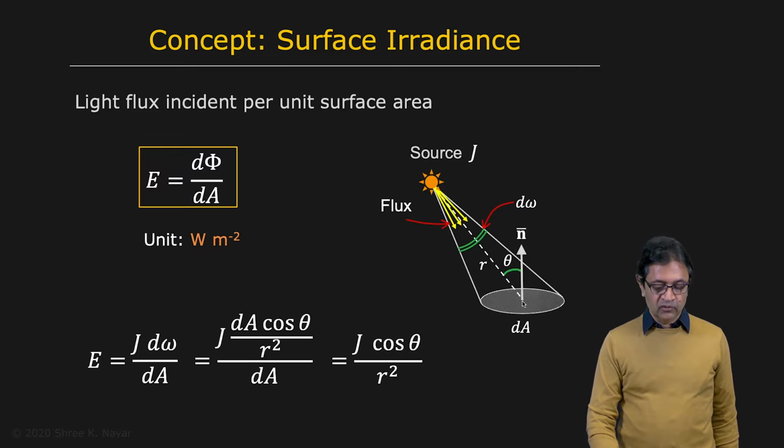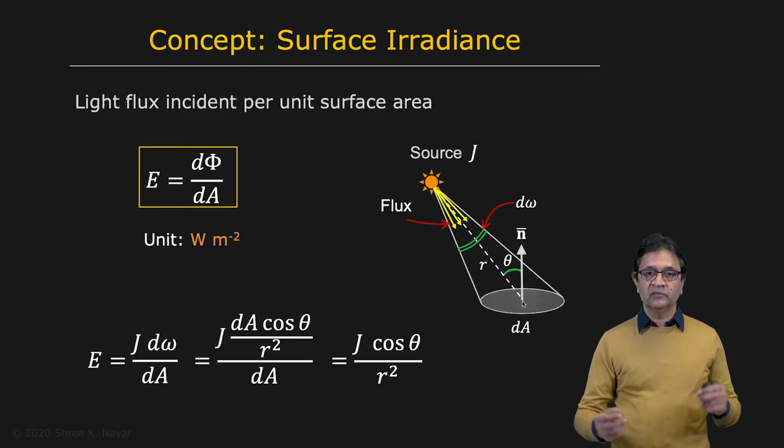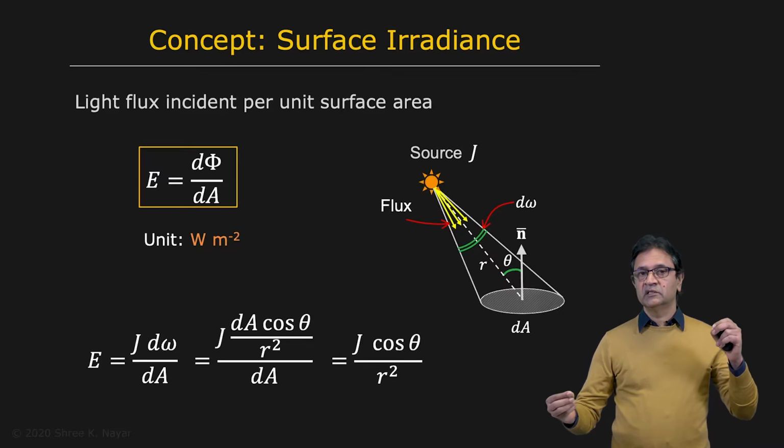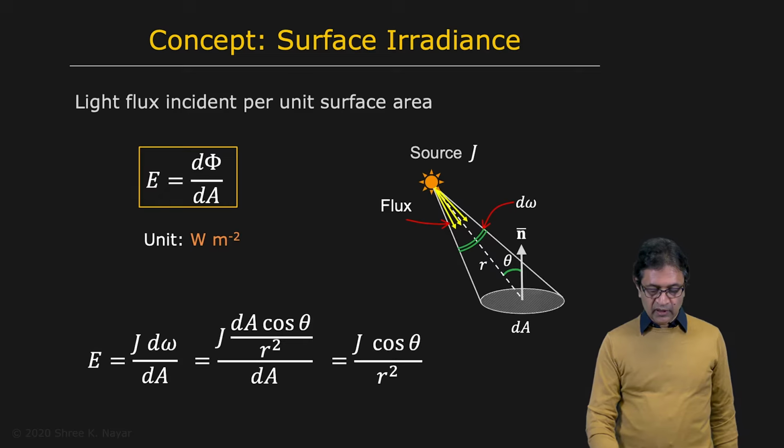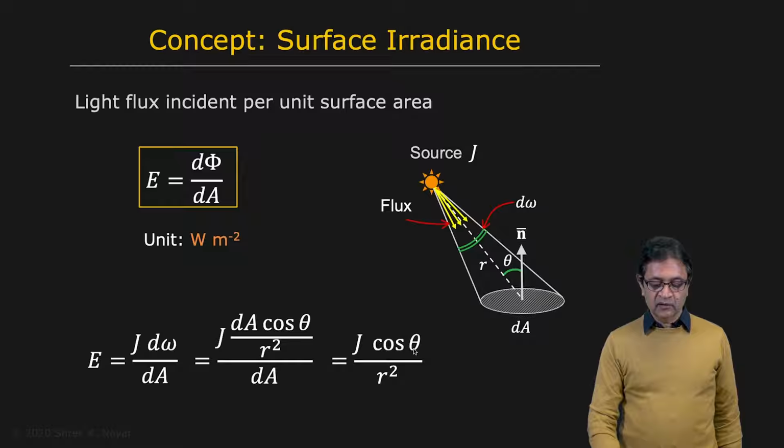That's called the 1 over r squared fall off, meaning that as you increase the distance of the point light source from the surface, the illumination of the surface is going to fall as r squared, times cosine theta, which is cosine of the angle between the direction of the light source and the surface orientation right here.